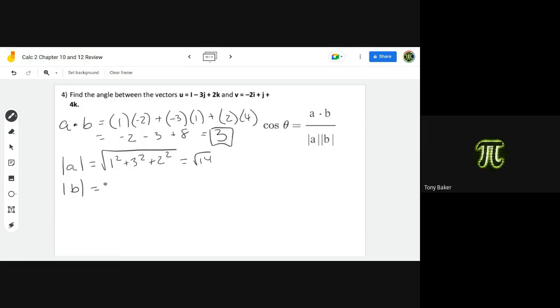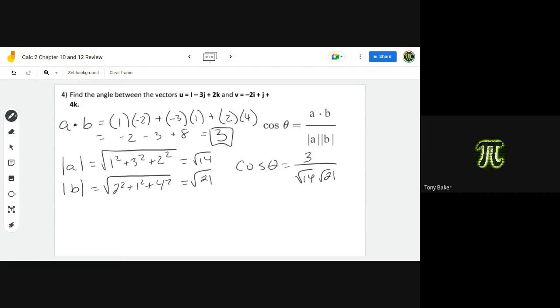And B is 2 squared plus 1 squared plus 4 squared. So 4 plus 1 is 5 plus 16 is 21. So the square root of 21. So I have cosine of theta equals 3 over square root of 14 times square root of 21.